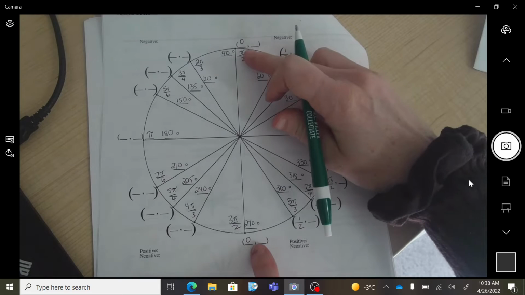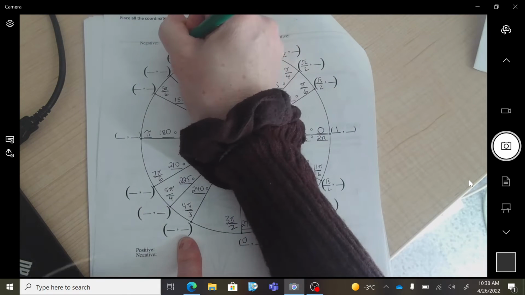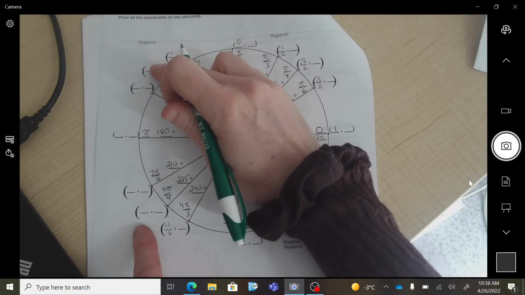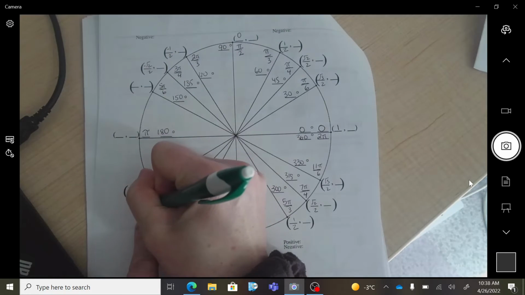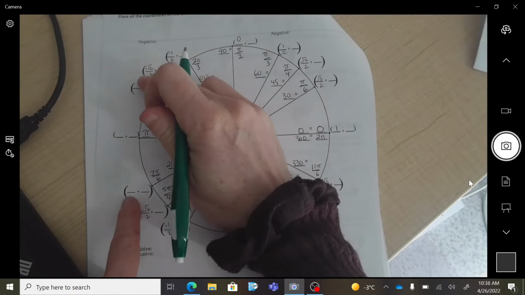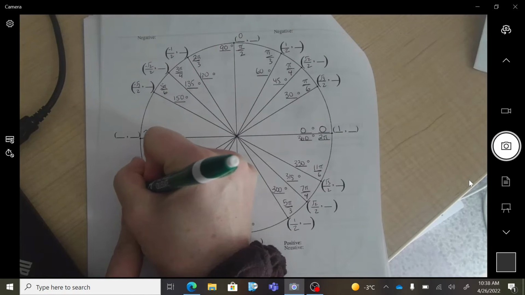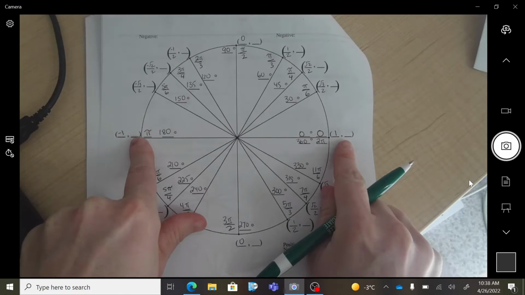So now I'm going to move left, so these points will have a negative half. Move left, these points will have a negative root 2 over 2. Left, negative root 3 over 2. Left, negative 1. And now I'm going to do all the y's.